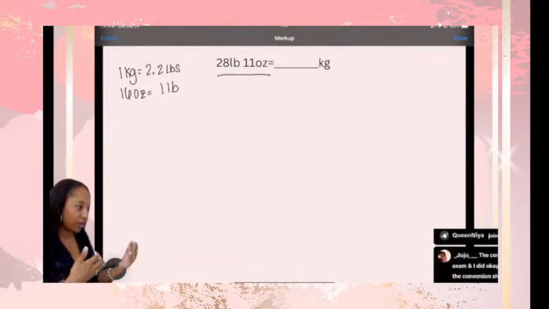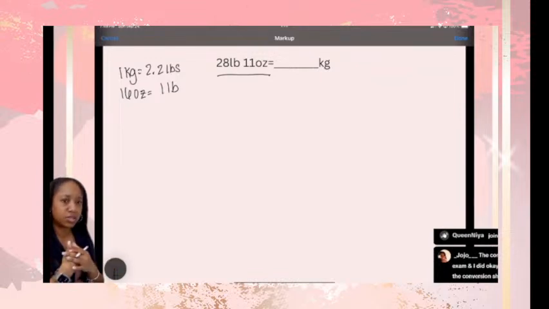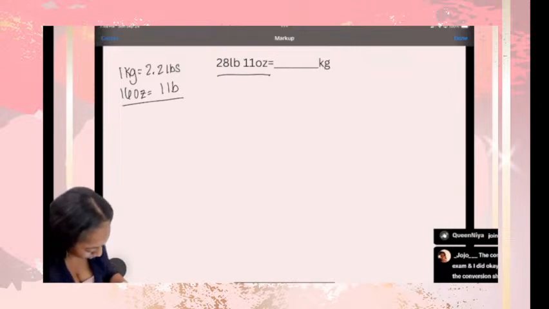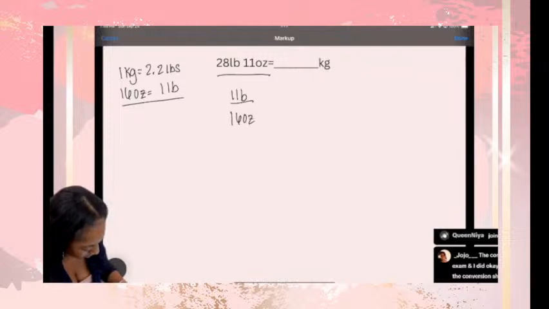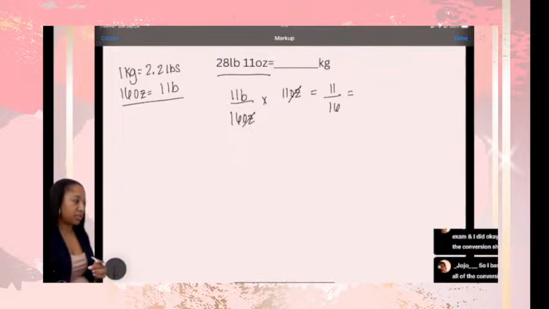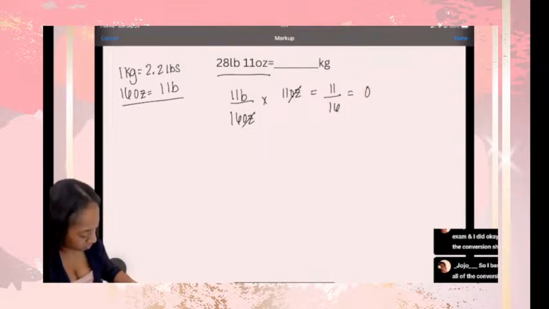So how do you convert your ounces to pounds? So we'll go to right here. So if we're looking for pounds, we'll do 1 pound is 16 ounces. Okay, then we'll put our ounces on top so that they cross out. So then you'll do 11 divided by 16, and that's going to give you 0.687, okay?